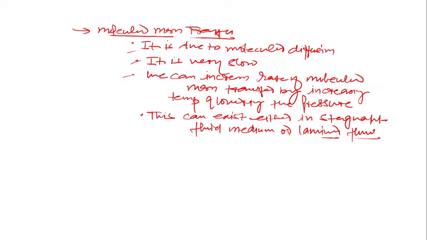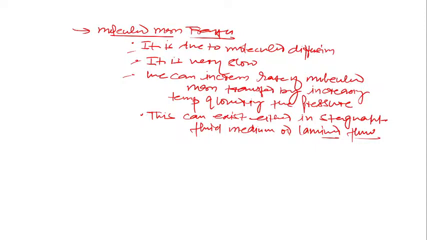A similar analogy is there here. When the flow is laminar, there is no transverse displacement, only lateral displacement. One layer of molecules will move over another layer, but there is no transverse displacement in laminar flow.